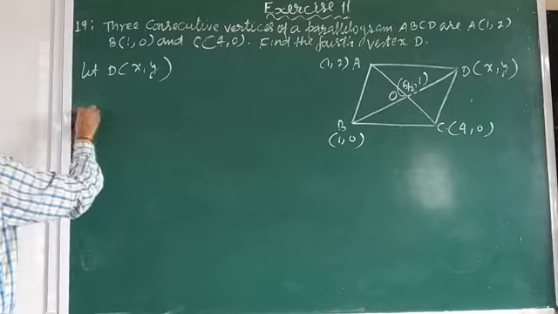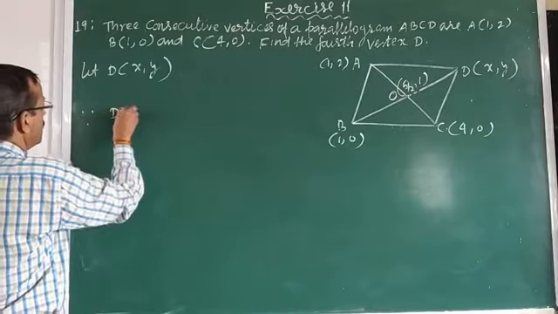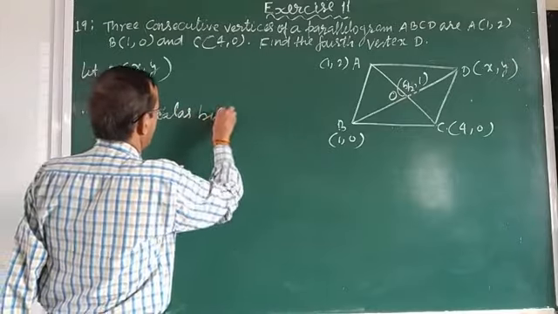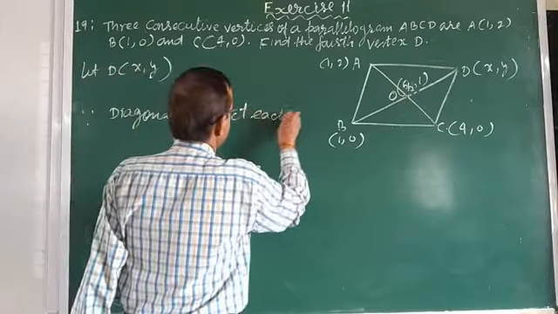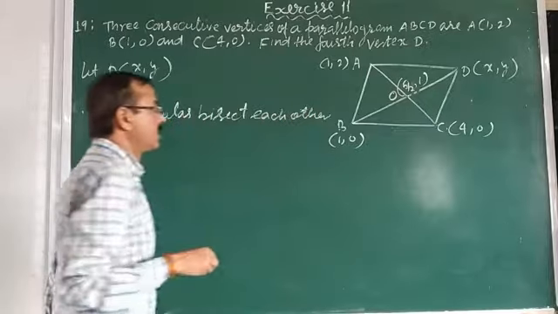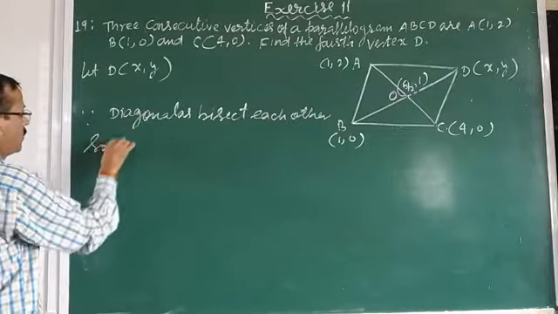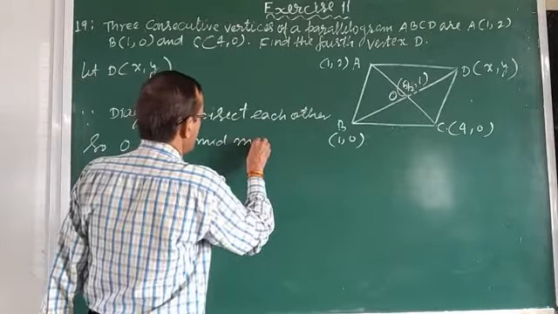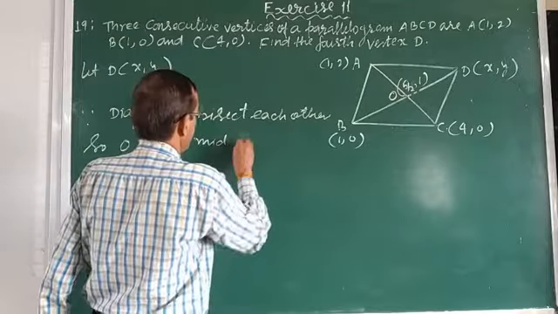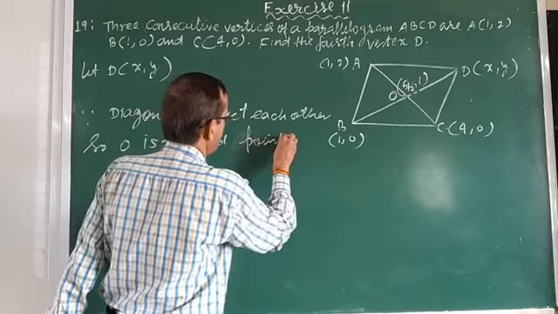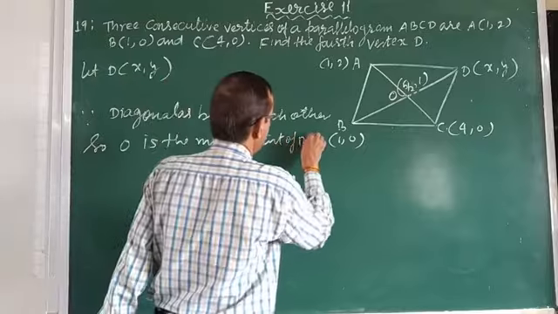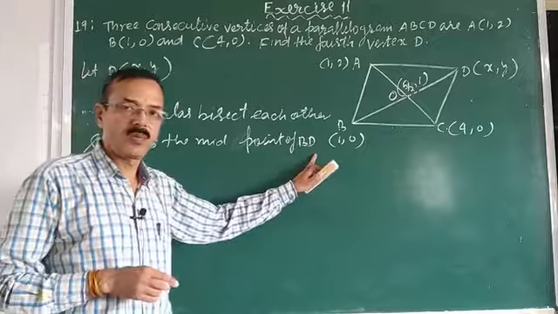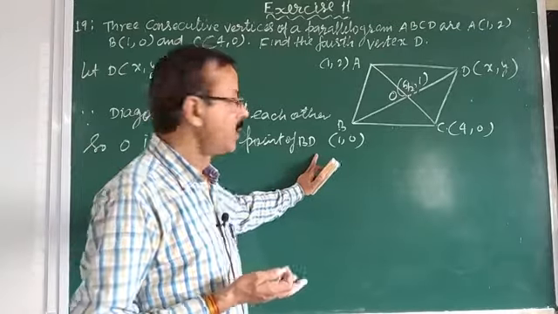Since diagonals of a parallelogram bisect each other, O is the midpoint of BD. वो BD का भी midpoint है.